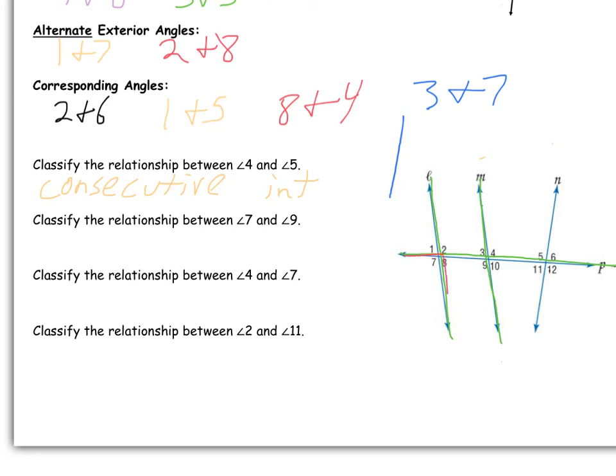Here is 7 and here is 9. One's interior, one is exterior. Angle 9 is the interior angle, 7 is the exterior. They're both in the lower left-hand section. So these are actually corresponding angles.